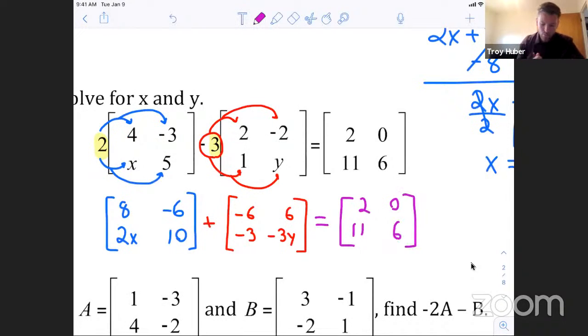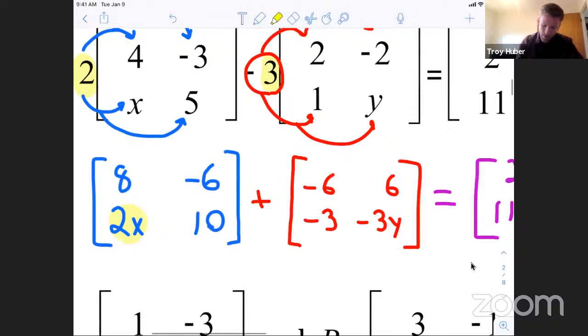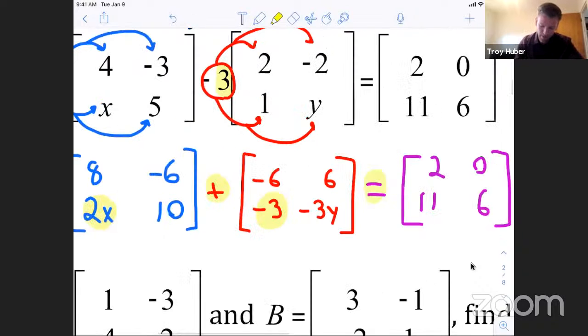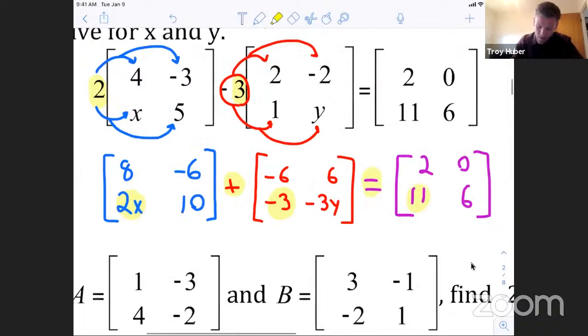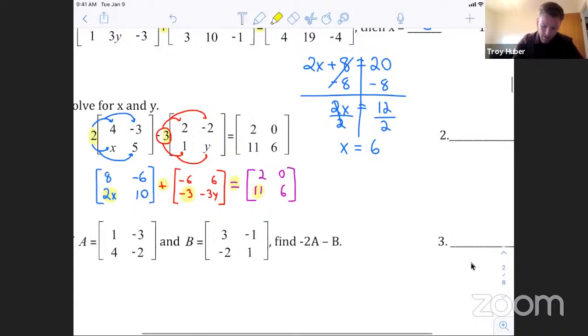Okay, now we just have addition. So again, it's just whatever corresponds. So my 2x is in the bottom left-hand corner, plus this bottom left-hand corner is equal to this bottom left-hand corner. So let's go ahead and write that out, and then we can do our algebra step.